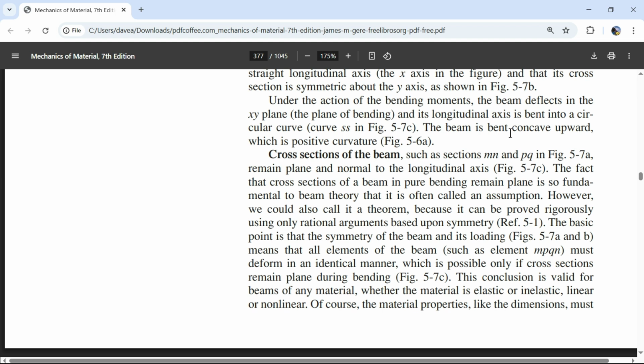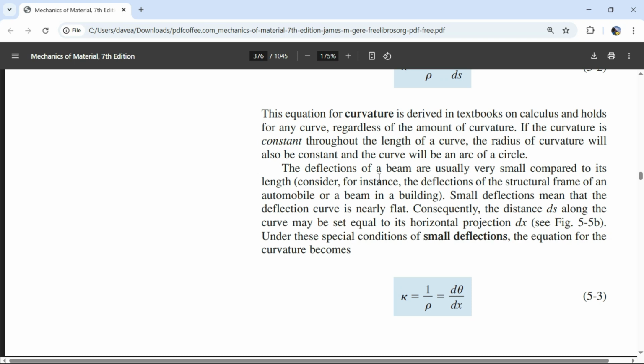So this conclusion, where are we at? 5.7c. The beam is bent concave upward, which is positive curvature. And we kind of talked about that. Curvature is 1 divided by the radius that forms from the curve.